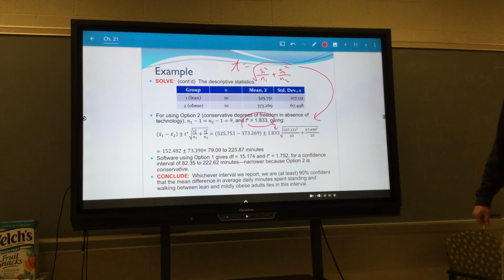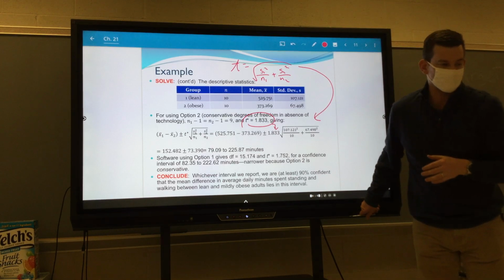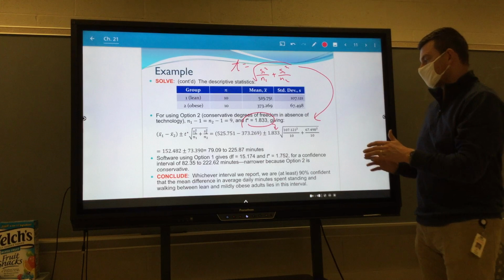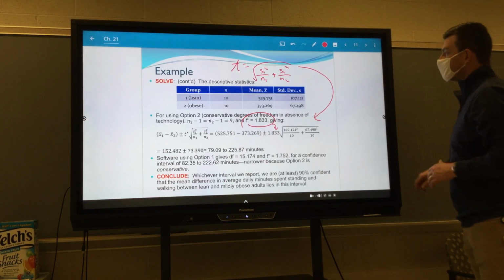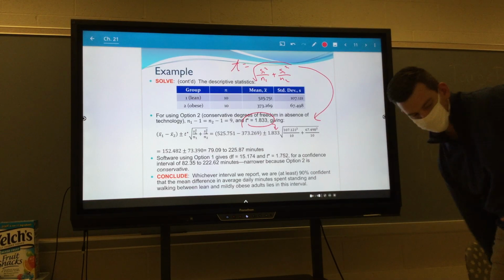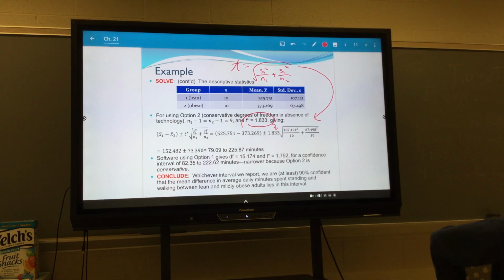So, it's a little bit more complicated than using the technology. Let's take a look at the technology, though, because this is going to be pretty straightforward here.